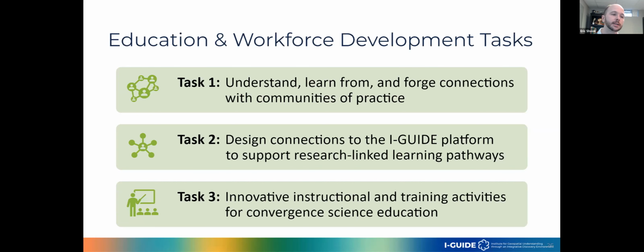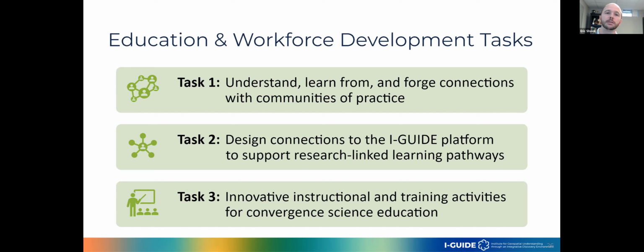And then the third task is innovative instructional and training activities for convergent science education. This is a slightly newer approach focused by National Science Foundation, is the idea of kind of convergent science. So we had interdisciplinary, we had transdisciplinary, and now the new push is for convergent science, where we're trying to take and honor the perspectives across the many disciplines and tackle these big, hairy, complex problems.